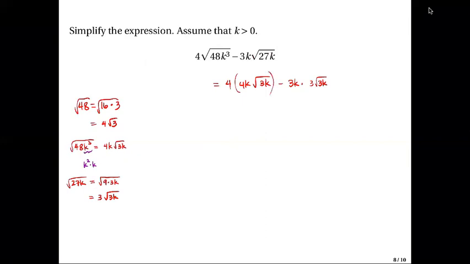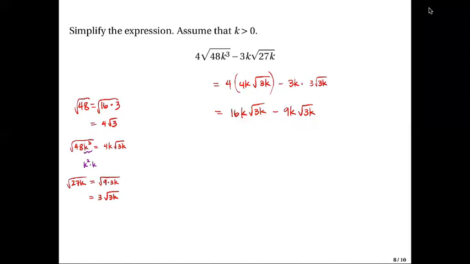Okay? So simplifying, we'll get 16k square root of 3k minus 9k square root of 3k. And these two are like terms.